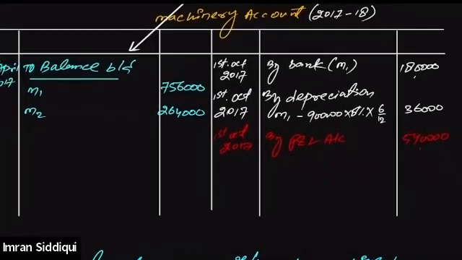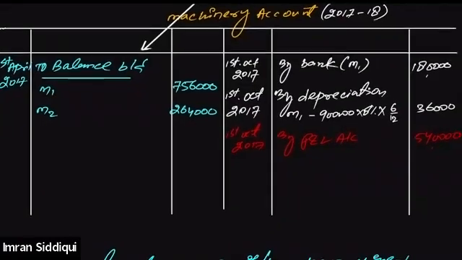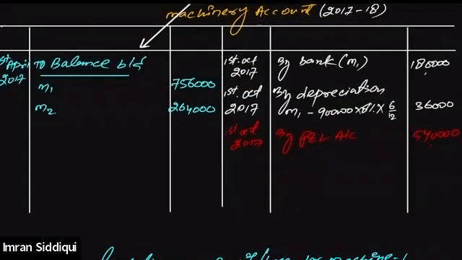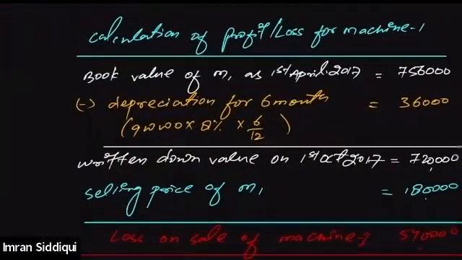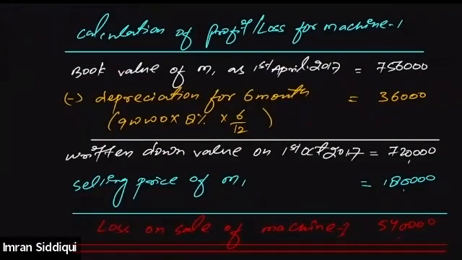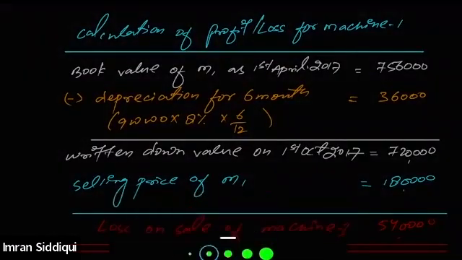All of you are writing this now? Yes or no? You need to write all these things, whatever I'm writing. You're able to see on screen. You need to copy this along with me. And this is the working note that I made for the calculation of profit and loss. We need to note this as well. Please note down.